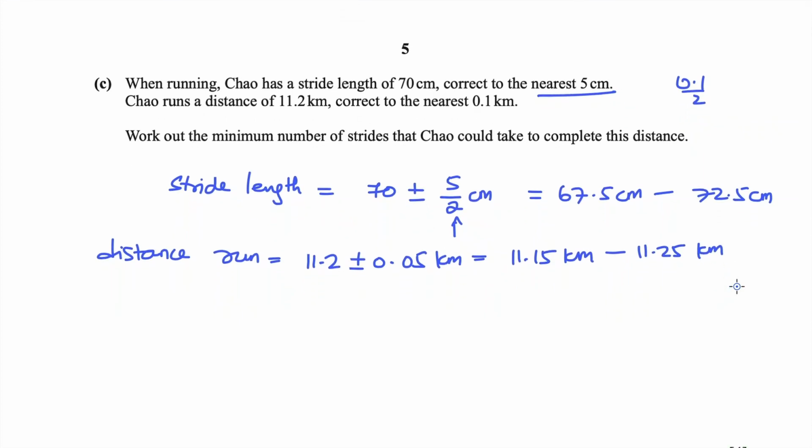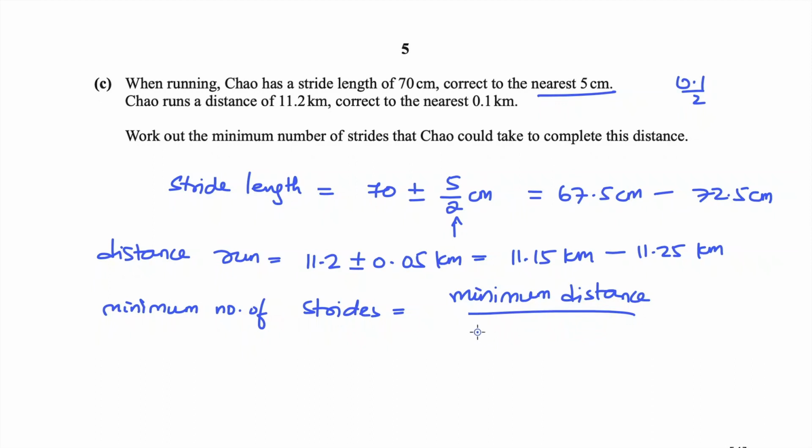So therefore, what is the question now? Work out the minimum number of strides. The minimum number of strides is required when the distance run is the minimum distance divided by the maximum stride length.